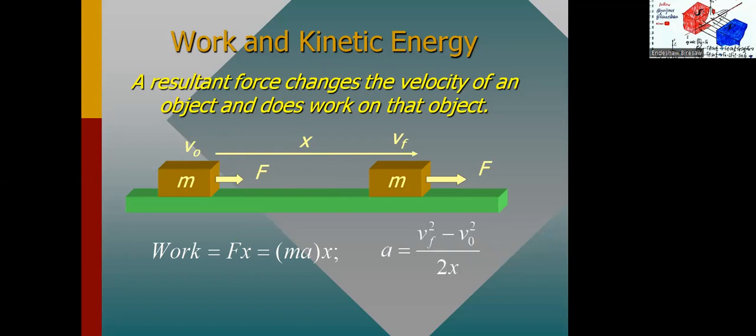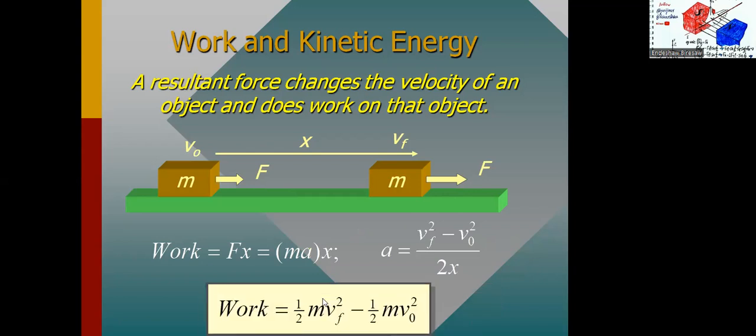We have that acceleration is v final squared minus v initial squared over 2x. Such expressions can be inserted here, and we get the work-energy theorem. If you substitute this expression for the acceleration, we get Fx equals 1 over 2 m v final squared minus 1 over 2 m v naught squared.